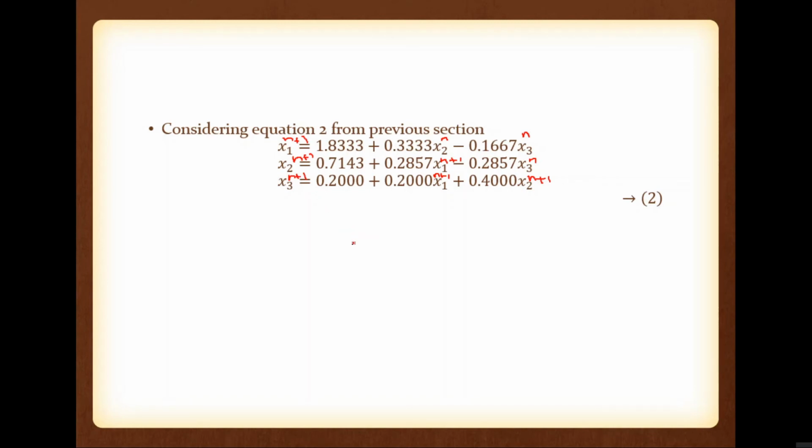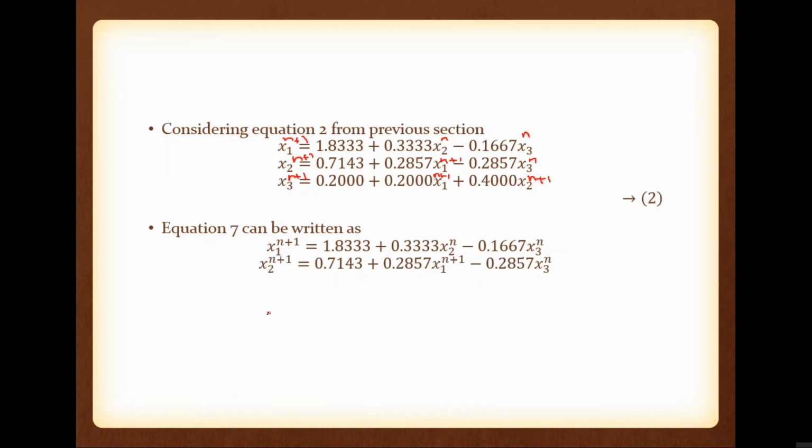Okay. So this equation will become x1n plus 1 is equal to 1.833 plus 0.333 x2n minus 0.167 x3n. x2n plus 1 is equal to 0.714 plus 0.286 x1n plus 1 minus 0.286 x3n.